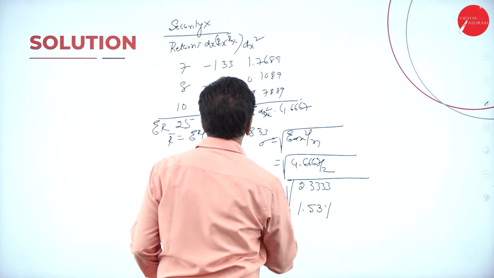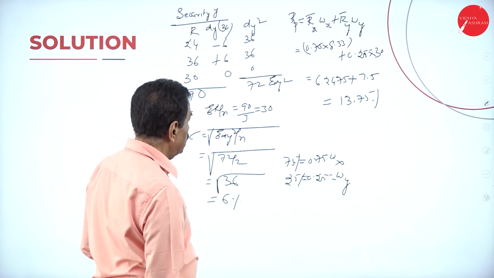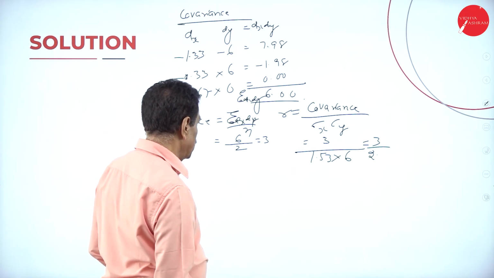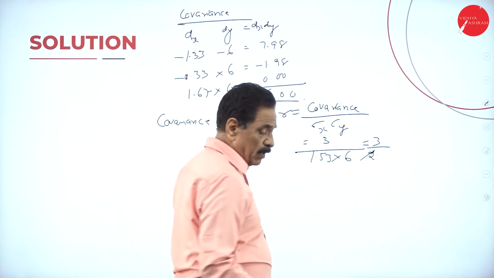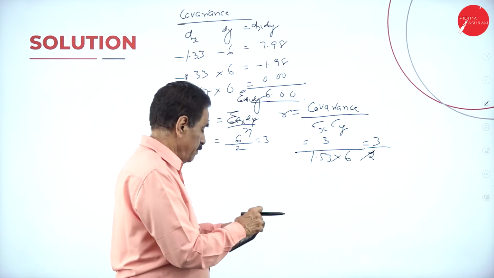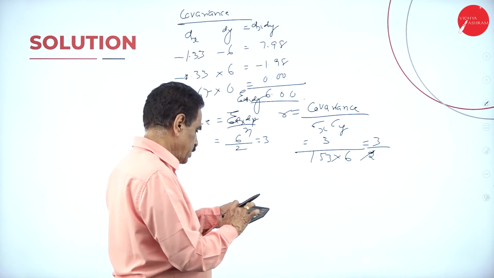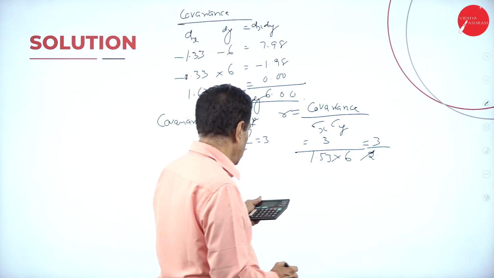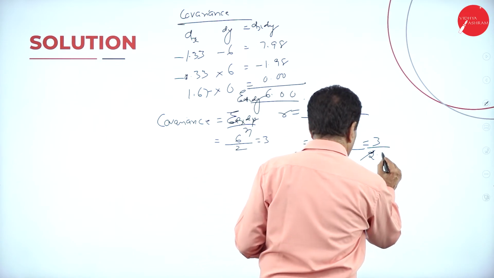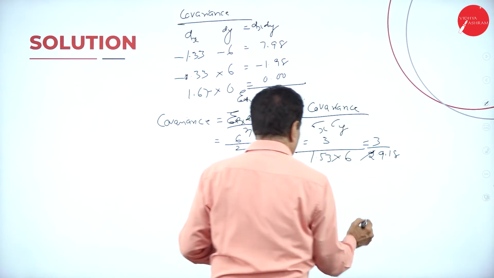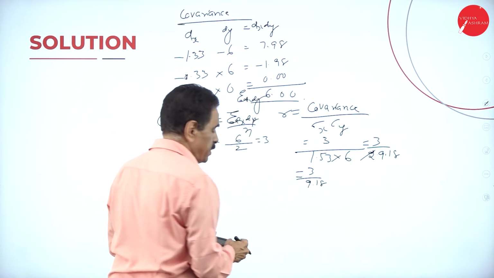Here 1.53 is the standard deviation of x. The other standard deviation is 6. 1.53 into 6 is 9.18. I repeat, 3 divided by 9.18.